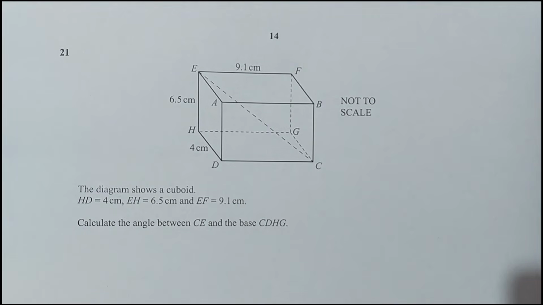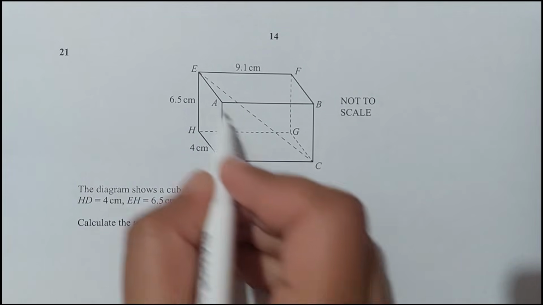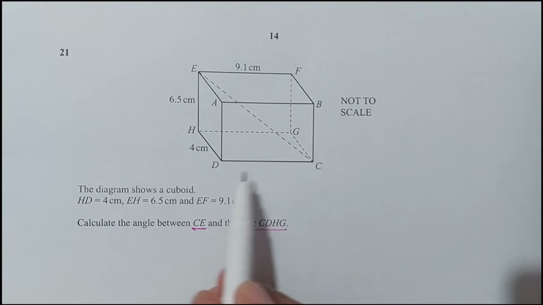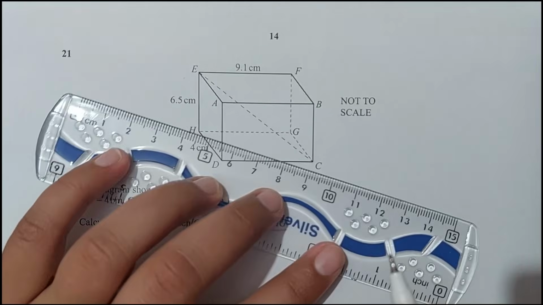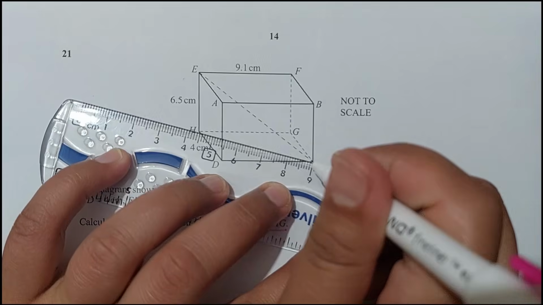Question number 21. The diagram shows a cuboid. We have been given HG, EH, EF. Calculate the angle between CE and the base CDHG. For this, let me find the diagonal of the base of the cuboid.